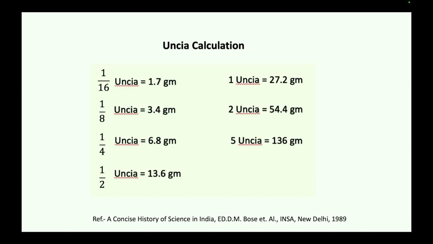Uncia is a unit decoded by scholars: 1/16 uncia is equal to 1.7 gram, 1/8 uncia is equal to 3.4 gram, 1/4 uncia is equal to 6.8 gram, 1/2 uncia is equal to 13.6 gram, 1 uncia is 27.2 gram, 2 uncia is equal to 54.4 gram, and 5 uncia is 136 gram.